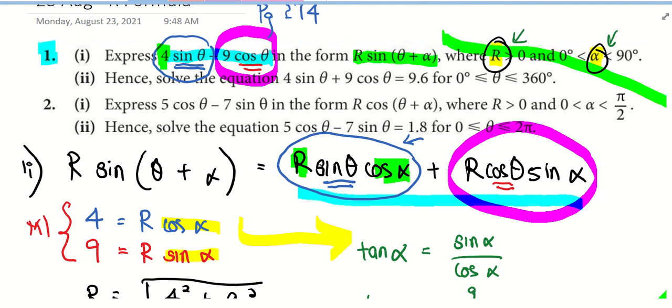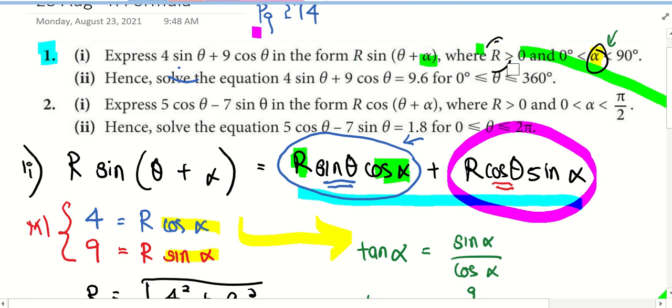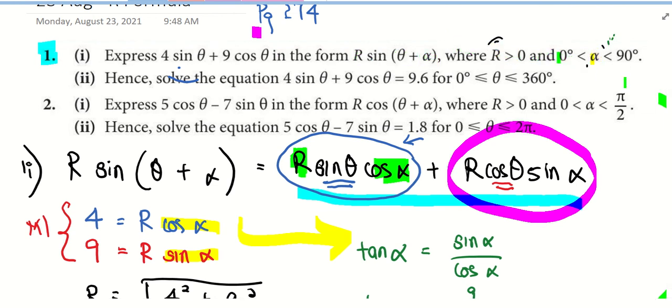Okay, take a look at number 1, part 2. Hence. What's the meaning of hence? Use the answer you have just found. Solve the equation. Okay, let's compare. Do you agree that this expression and this equation over here, they look exactly the same?